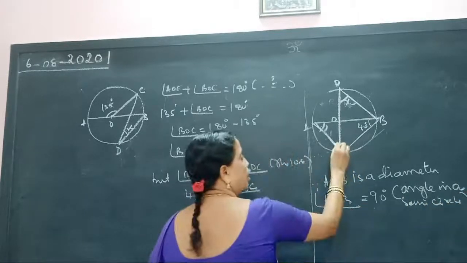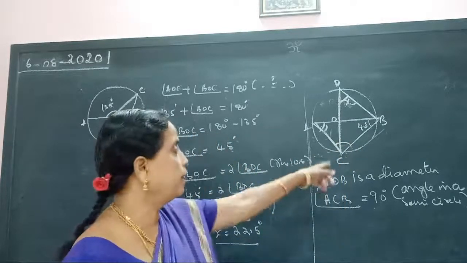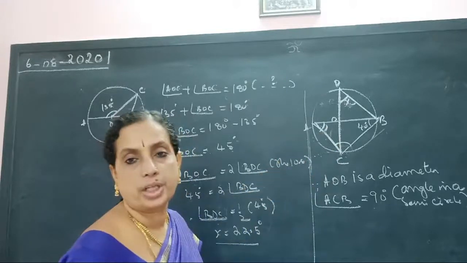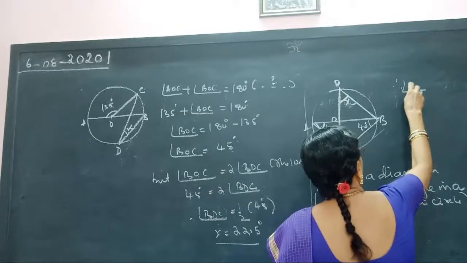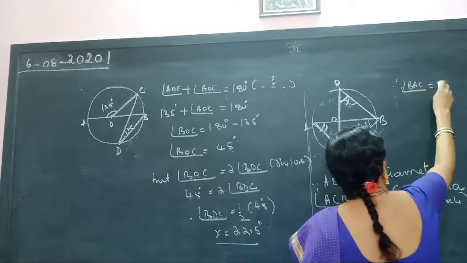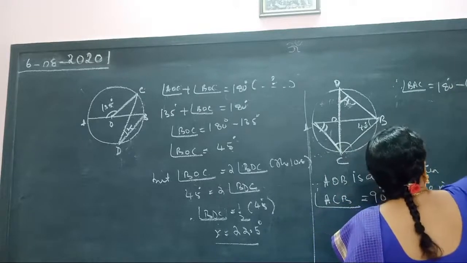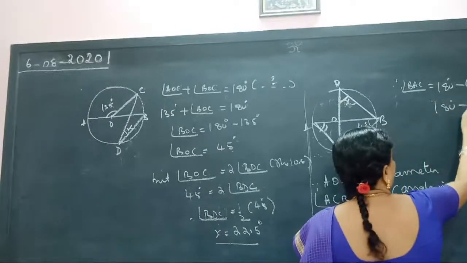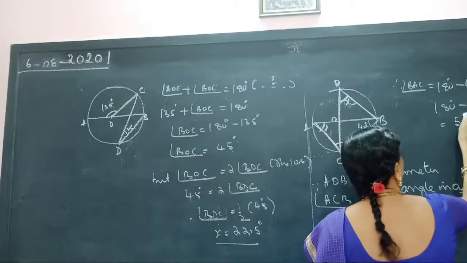So this will become 90 degree. When it is 90 and 40 is already given, we can find out angle CAB or BAC. Therefore, angle BAC equals 180 degree minus 90 degree plus 40 degree. 180 degree minus 130 degree is 50 degree.